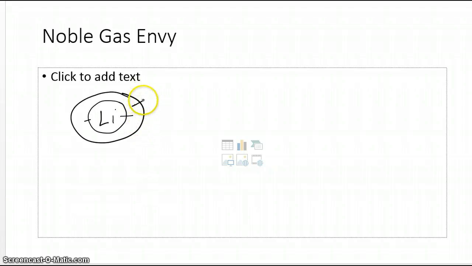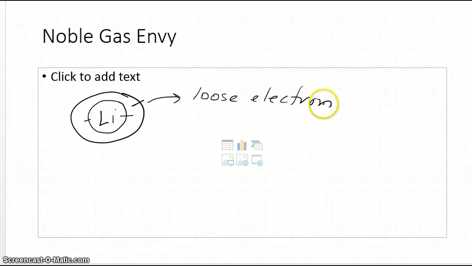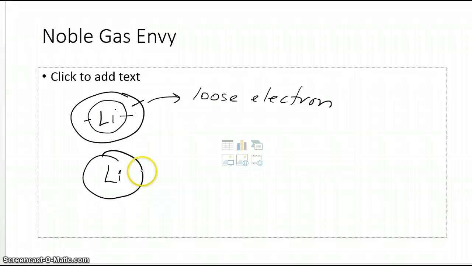It's going to be really hard for lithium to gain 7 more. So what lithium will do instead is it will have a tendency to lose that electron. And if it loses that electron, it now looks like this and has a complete valence shell. Remember, the first valence shell is just 2.